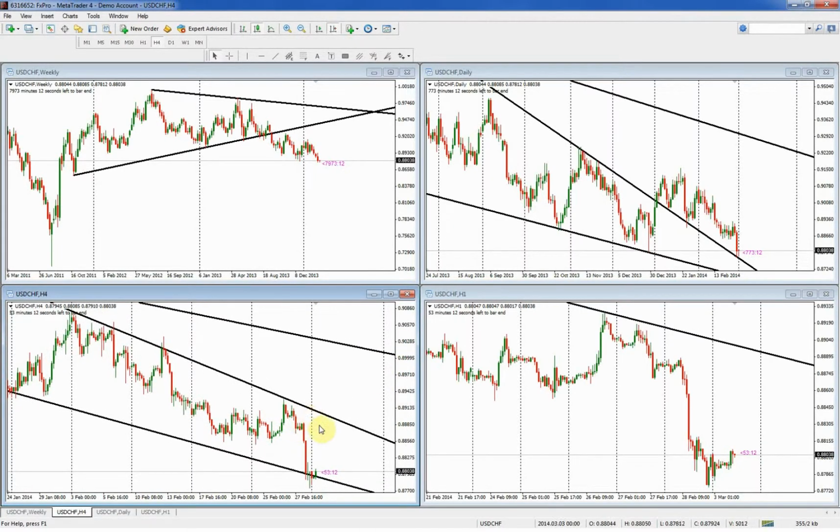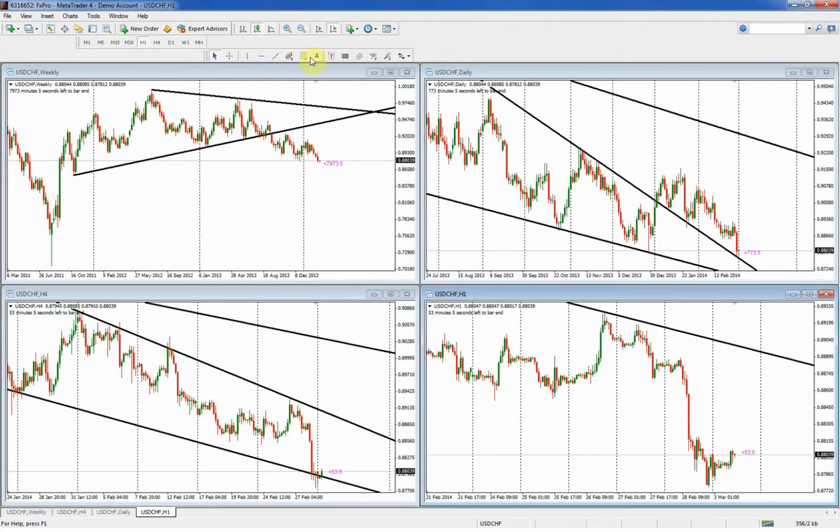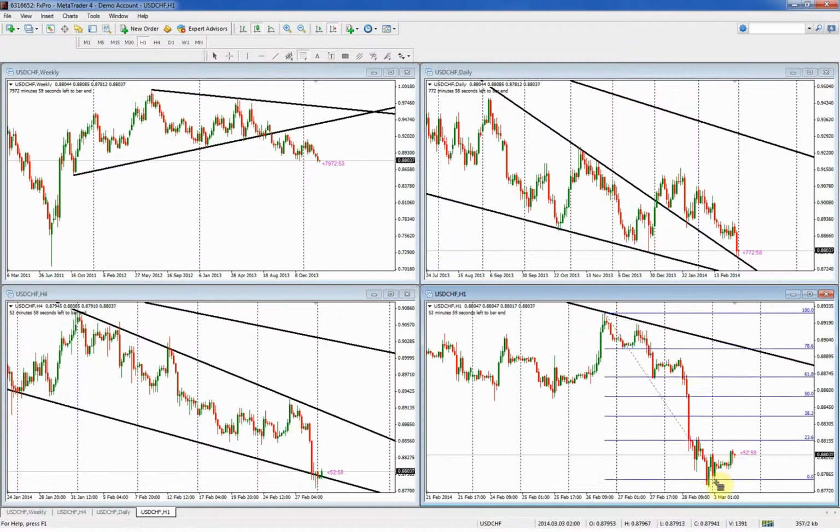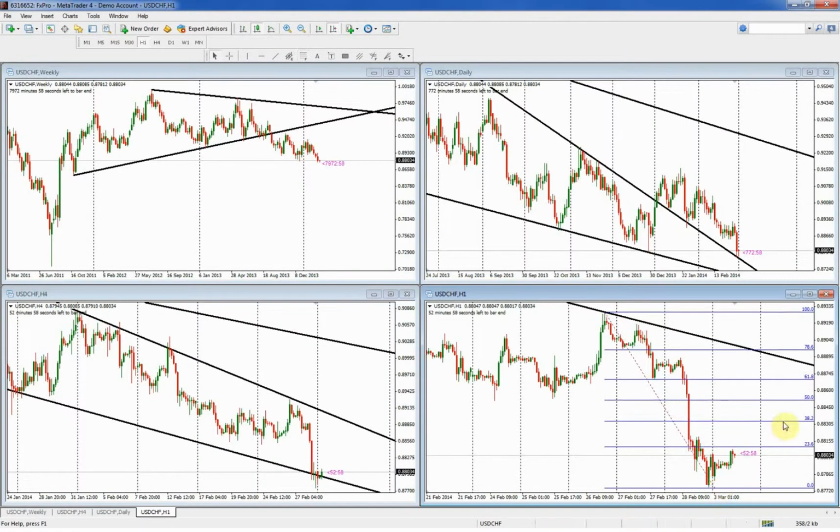So I do believe that we might see another retracement if we pull a fib on this. Let's see, our 38.2%, 88.33, 50%, 88.50.